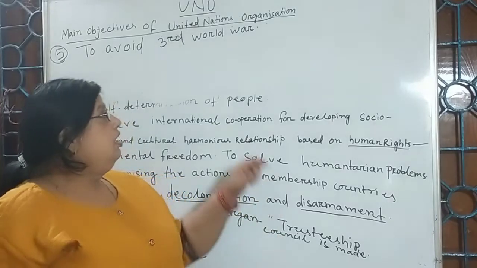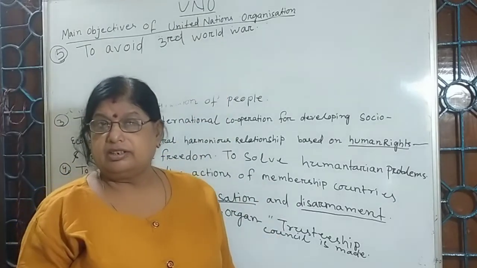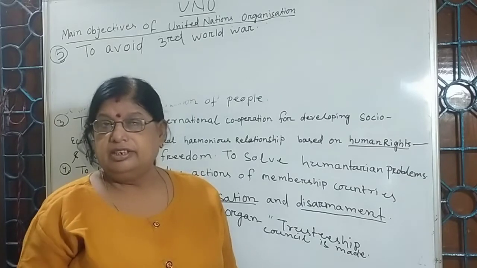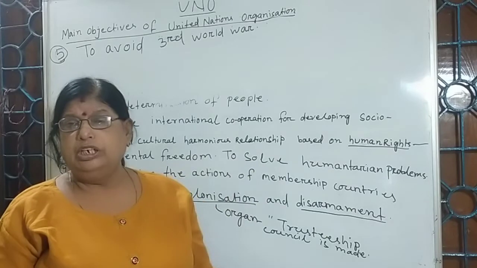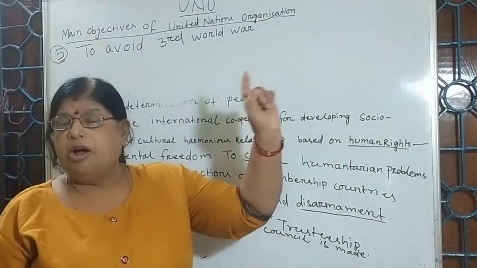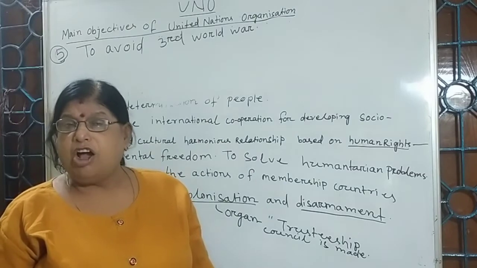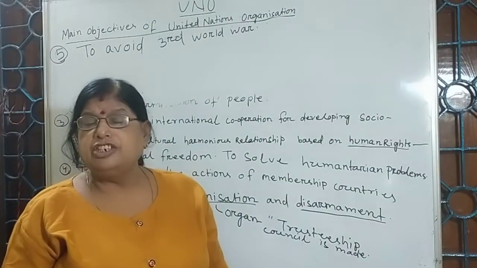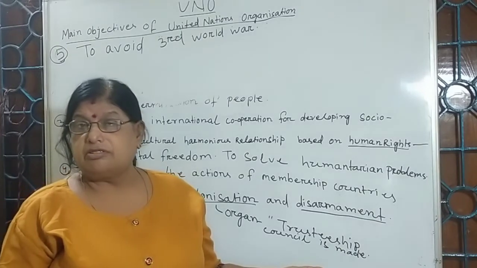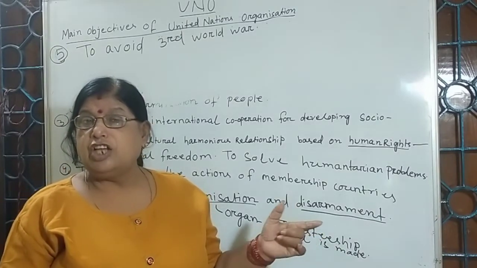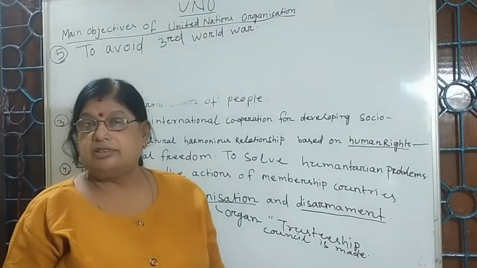So a Third World War must not be invited. That's why how to check and control it was the main objective of the United Nations organization, because millions of people were killed, millions were missing, millions were injured and disabled.